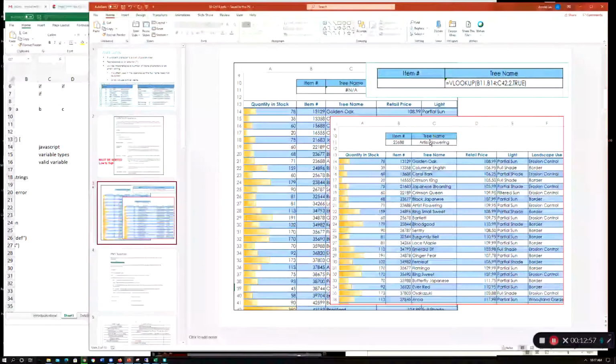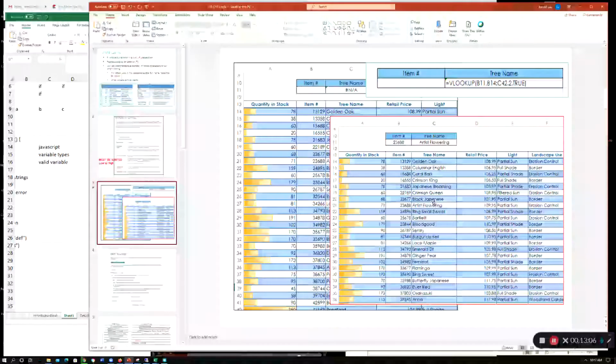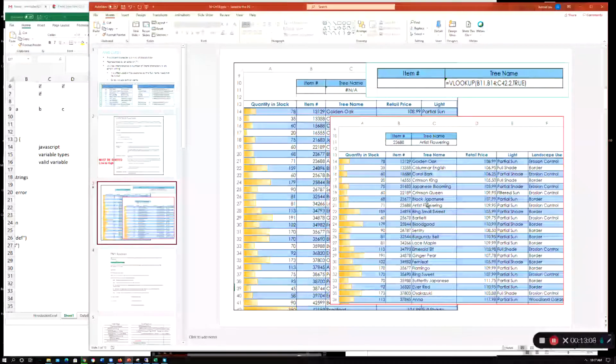And really, all that is here is a list of all of the different types of trees. You look it up with this item number here. So you punch in this item number, and it'll look it up in here, and then it'll come back with the tree name. So that's what this VLOOKUP will look like.